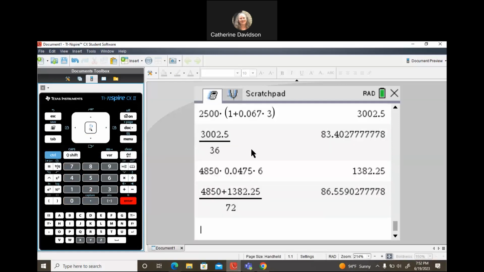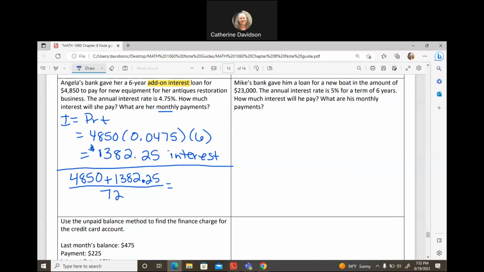So monthly payments are $86.56. And that is the payment.